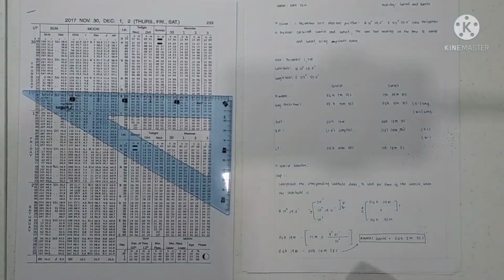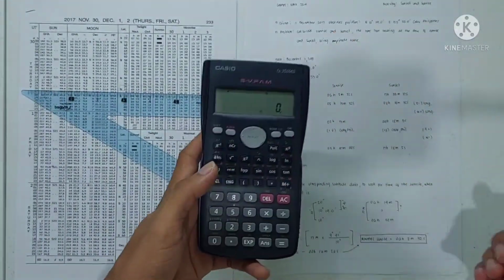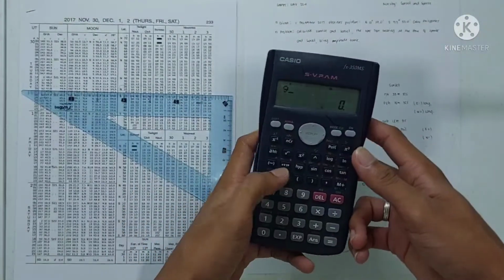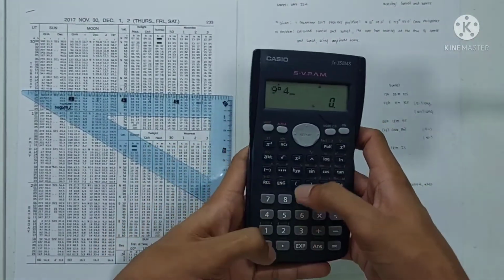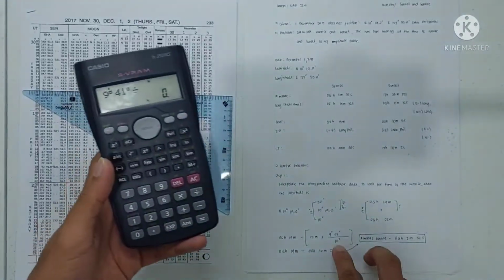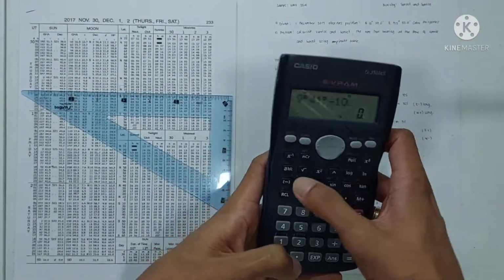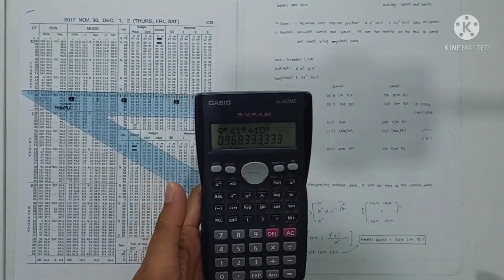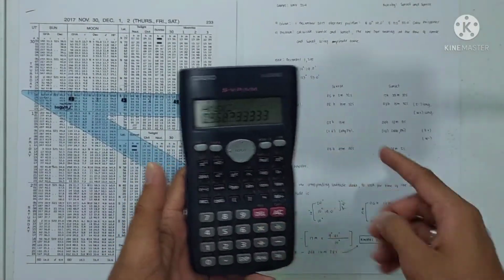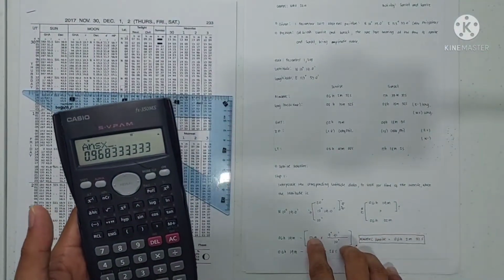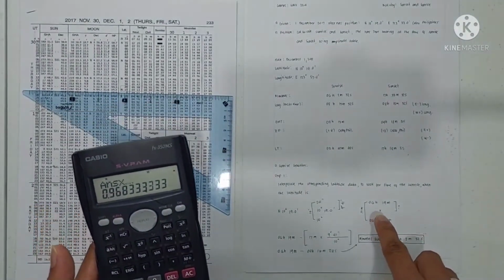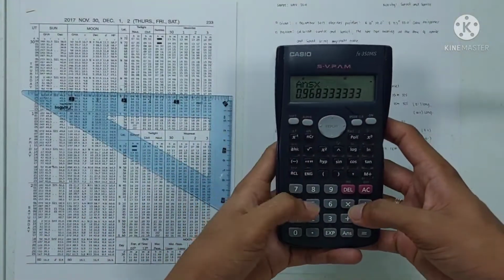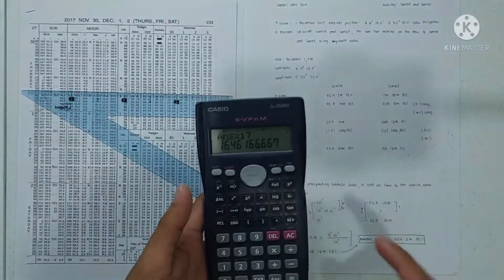To calculate this, we first operate 9 degrees 41 minutes divided by 10 degrees, which results to 0.968 and so on, multiplied by the difference of time, 17 minutes.